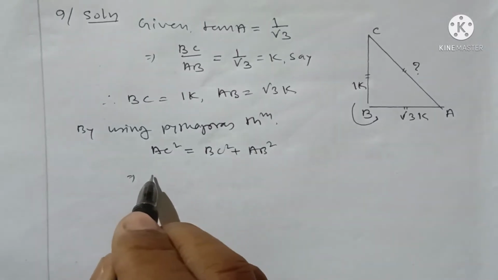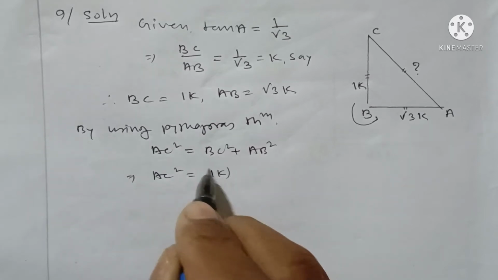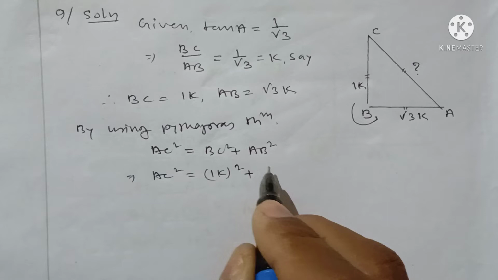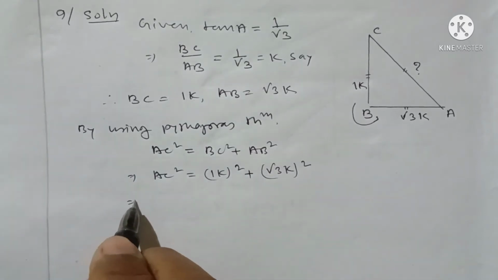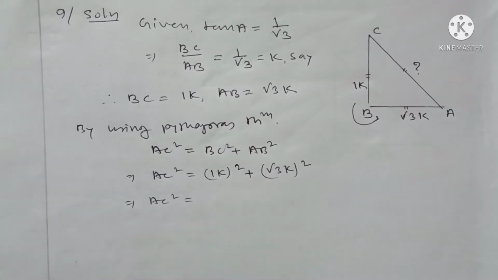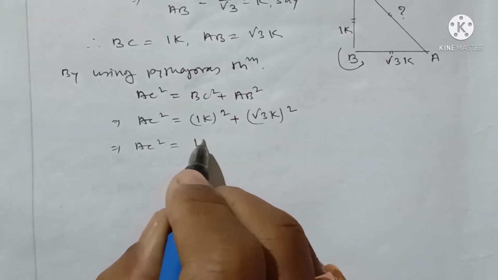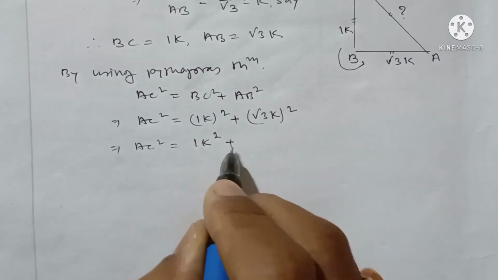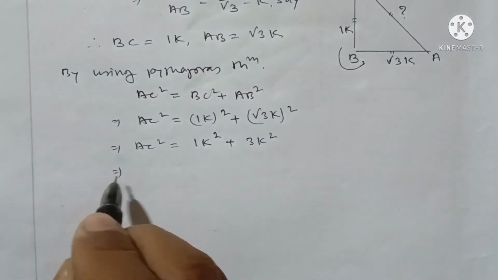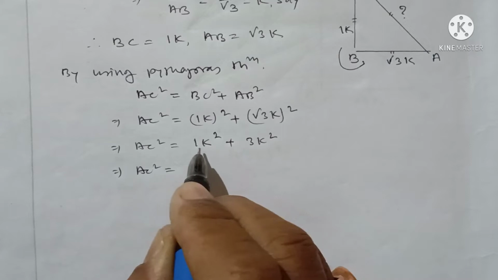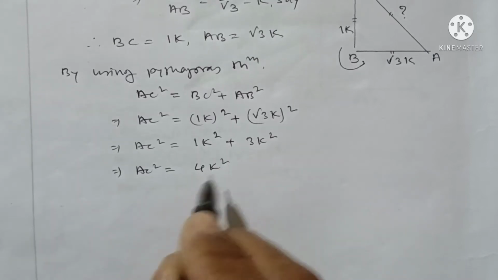This implies AC square is equal to BC is 1K whole square plus AB is root over 3K whole square. 1K whole square means 1K square, plus root over 3K square means 3K square. This implies AC square is equal to 1K square plus 3K square, 4K square.